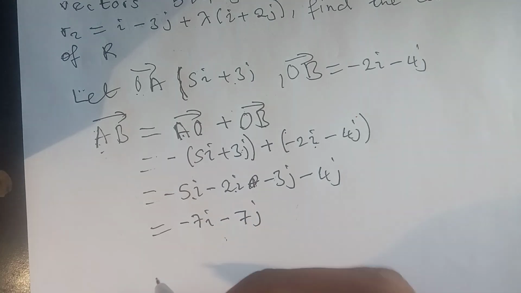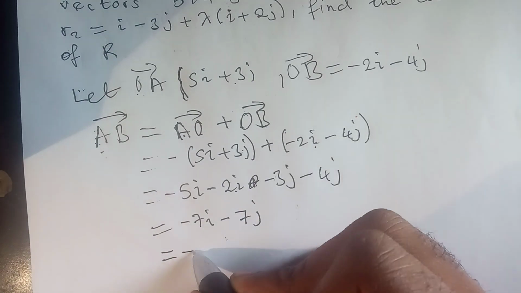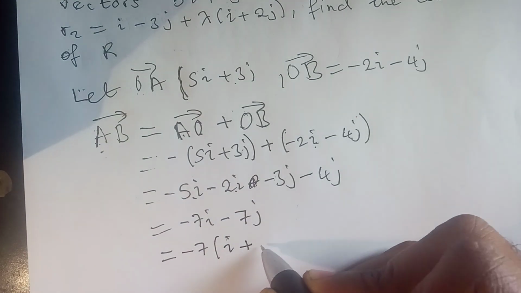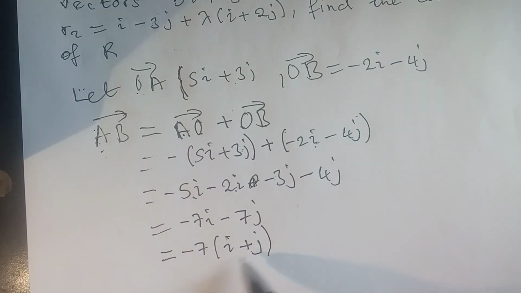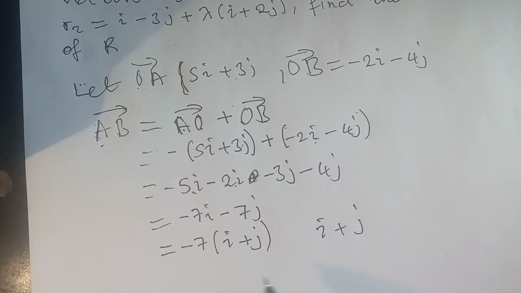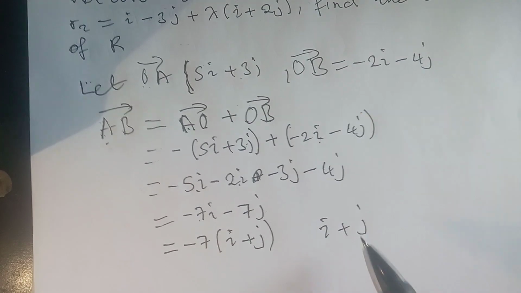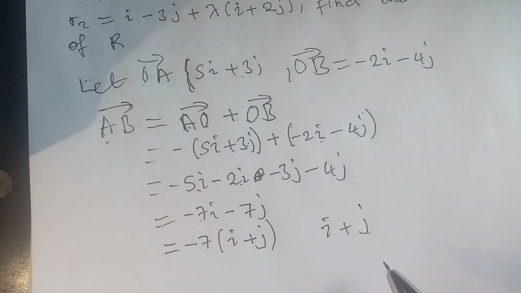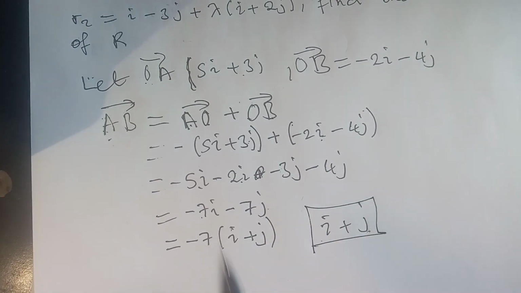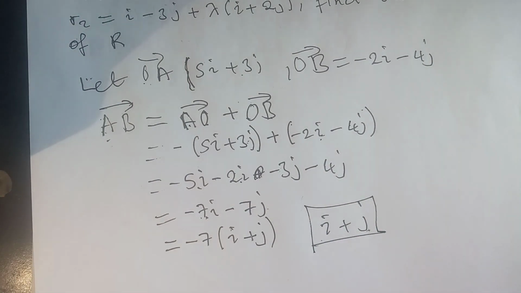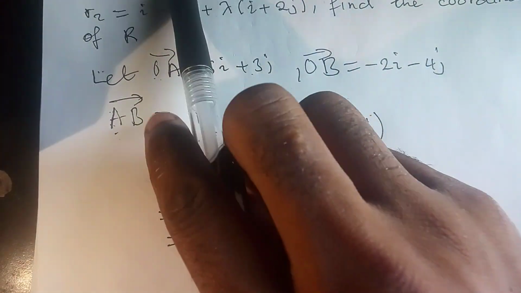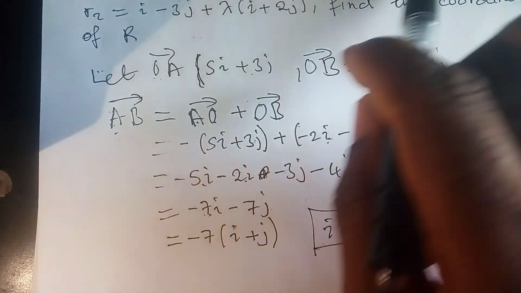You can even simplify it by factoring the negative 7 out, and then you just get your direction as i plus j. So whether you get it like this or like this, it's still the same thing. So I'll use this one instead. Even if you use this, you still get the same answer. So now, 2 lines.